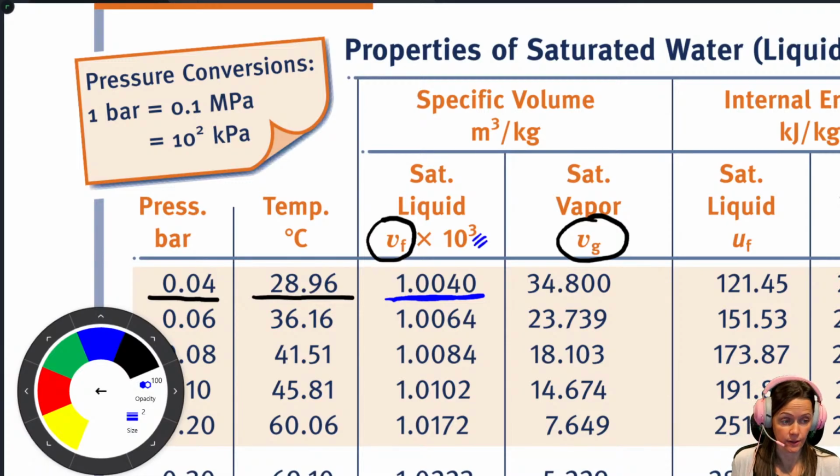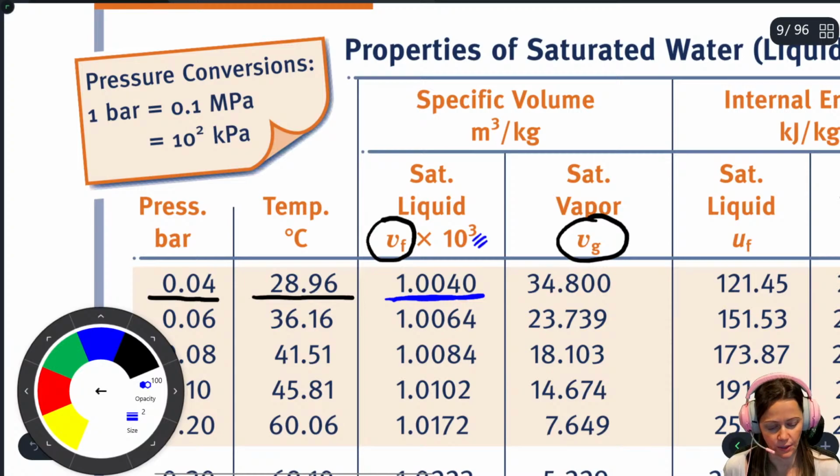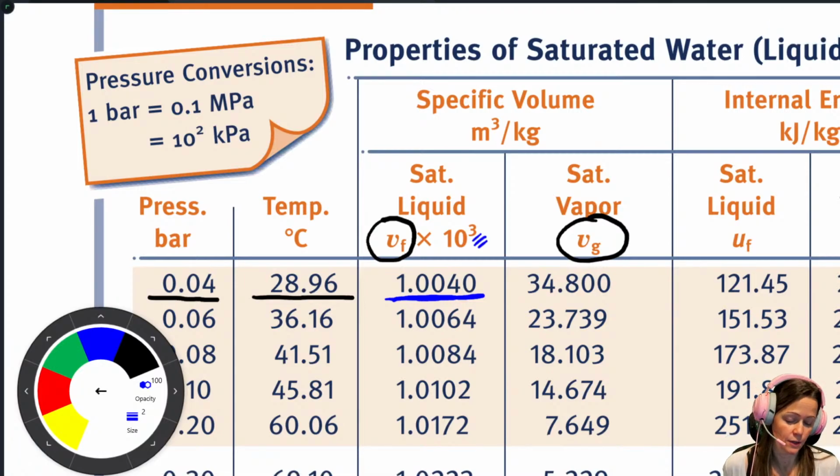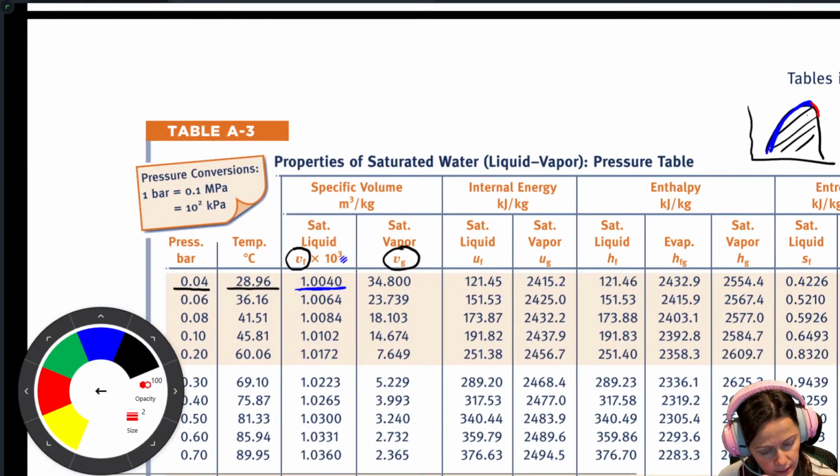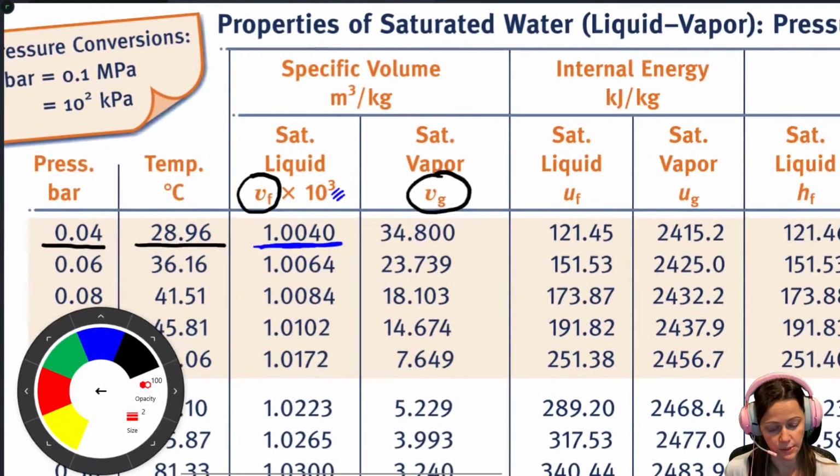So when you do any calculations with that, your specific volume is not 1.004, but 0.001004. Just pay attention to that. That number is actually a lot smaller than it looks. And on the flip side, if you're on that saturated vapor line at 0.04, then your specific volume is 34.8 meters cubed per kilogram.